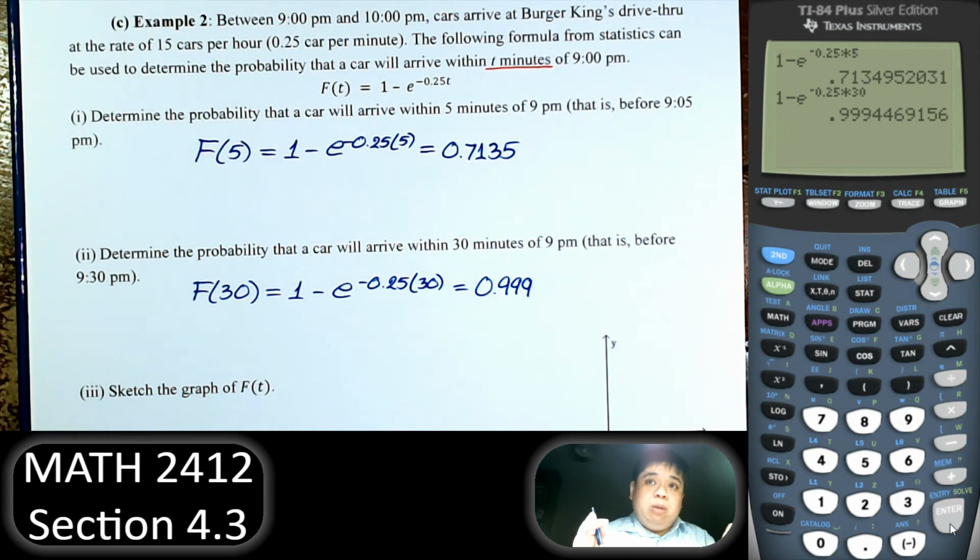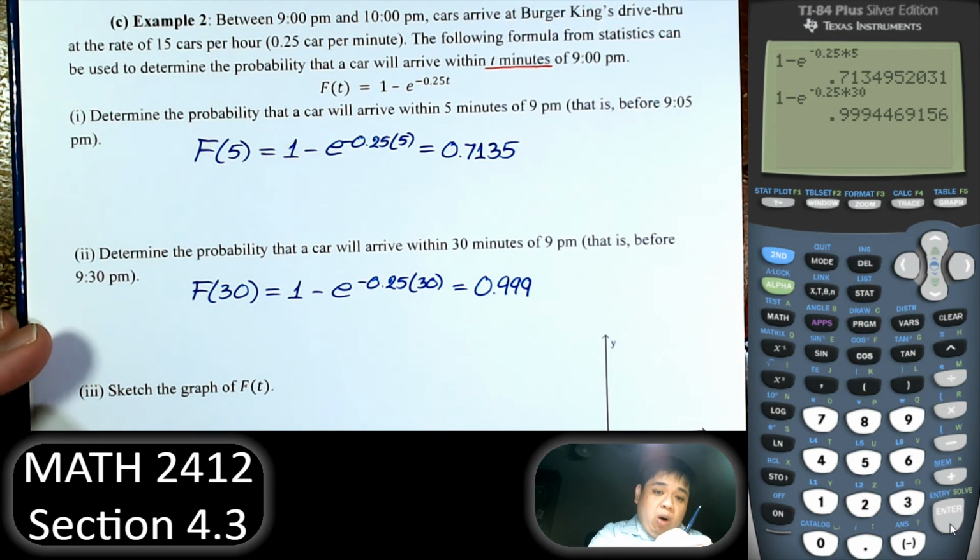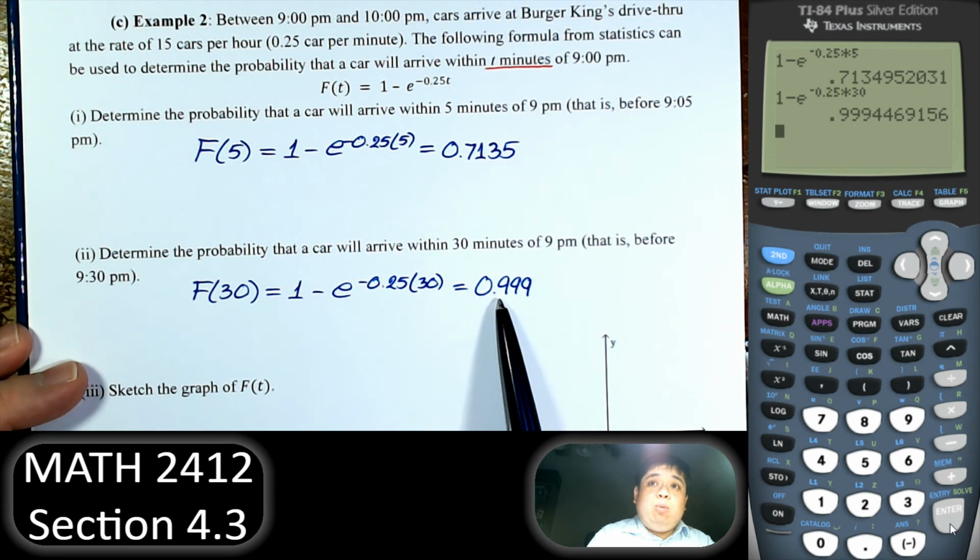So we can say that within the first half an hour, from 9 to 9:30, the probability that a car arrives is 99.9%.